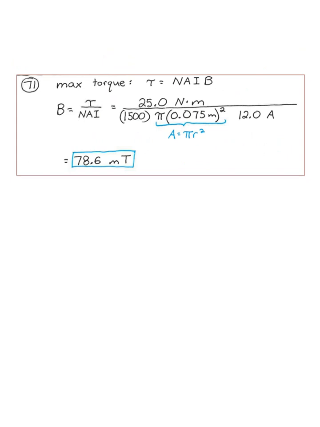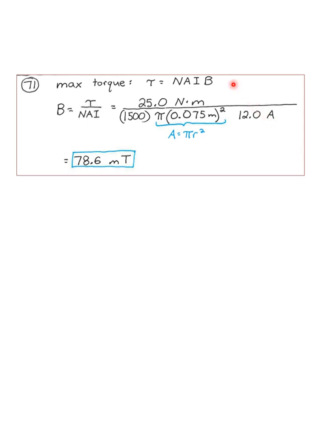Number 71. An electric motor has 1500 turn, 15 centimeter diameter circular coil on its armature. Find the magnetic field needed to produce a maximum torque of 25 Newton meters when the coil current is 12 amperes. Well, we find the equation for that.